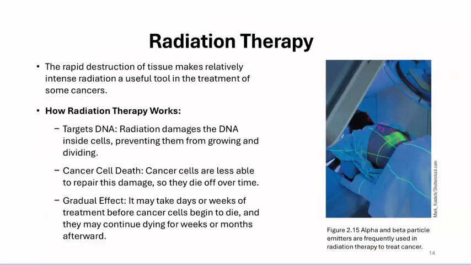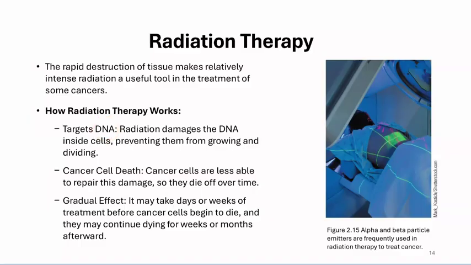One of the things that I want you to also be aware of is that radiation has also been utilized in the treatment of some cancers. Radiation therapy works in different ways. One of the main ways in which radiation therapy targets cancer cells specifically is by targeting a specific biomolecule that is inside a cell that is called DNA.